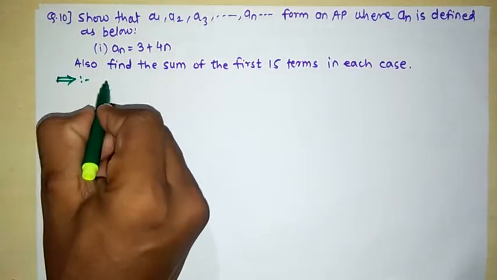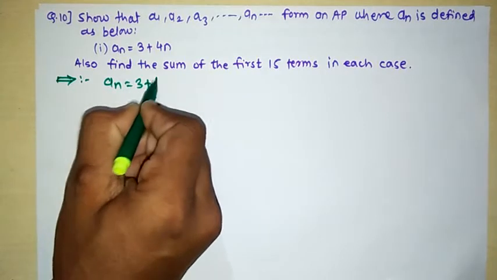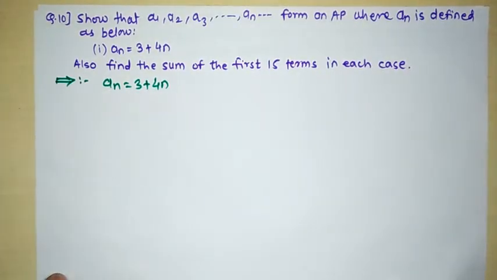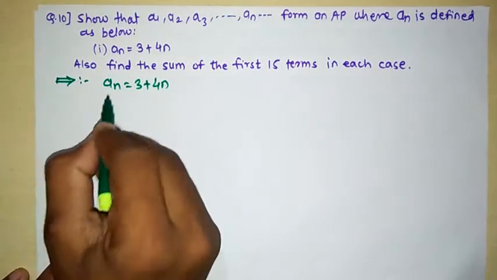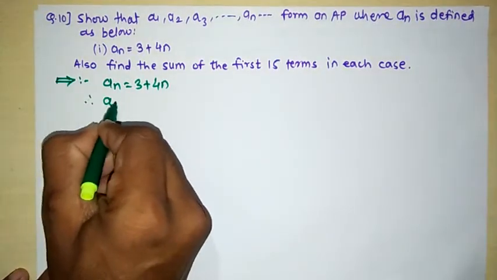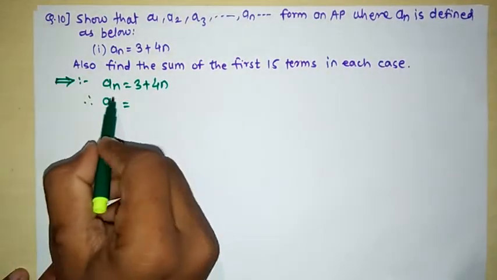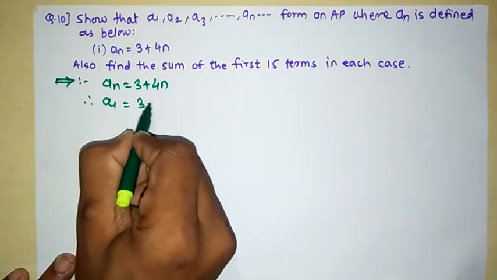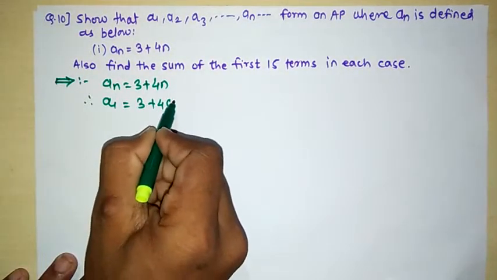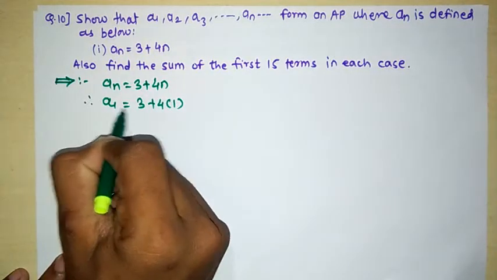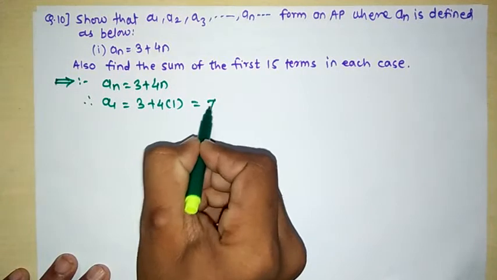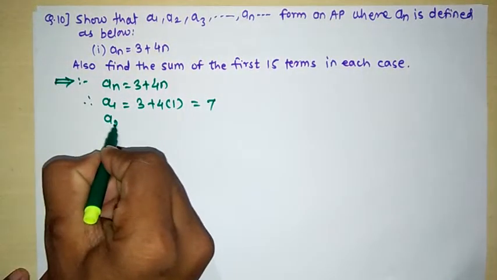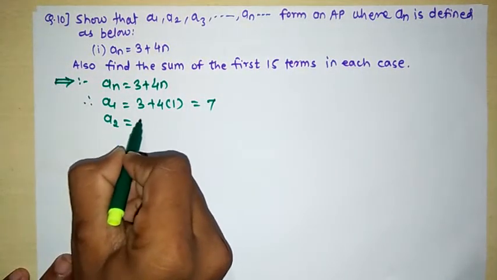What is given here? an is equal to 3 plus 4n. This is the nth term. an is the nth term. Therefore, we will find the first term. a1 is equal to 3 plus, instead of n we have to write 1 because we are going to find the first term, that is a1. Therefore, it is equal to 3 plus 4, which is 7. We got the first term is equal to 7. Similarly, we can find the second term.